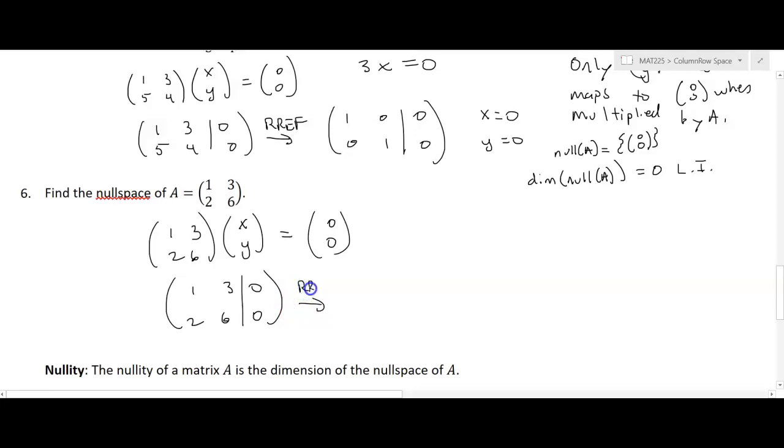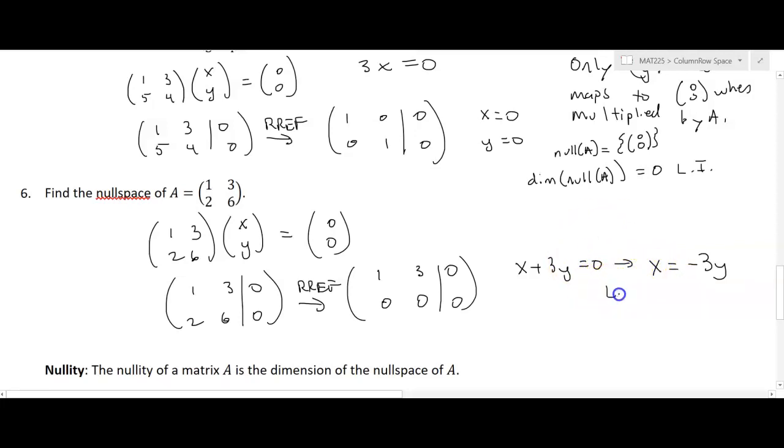And not surprisingly, there's going to be infinitely many solutions, which will be 1, 3, 0, 0, 0, 0. The second row is not a very useful row, but the first one tells me that x plus 3y equals 0, which means that any vector where x is equal to the negative of 3y will be such a vector that gets mapped to 0.